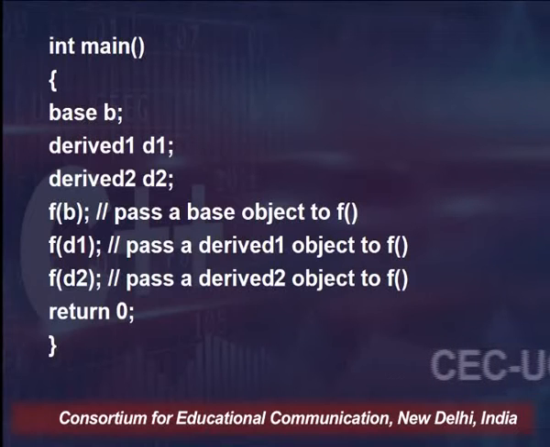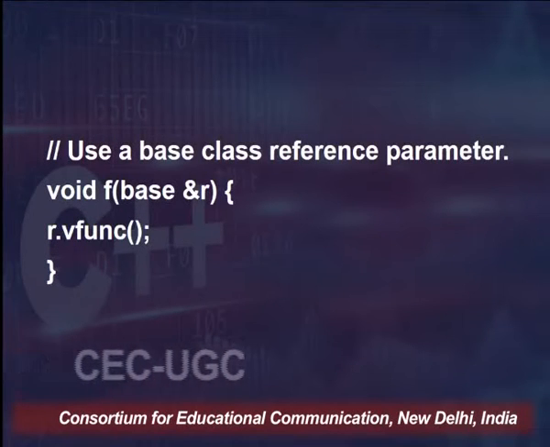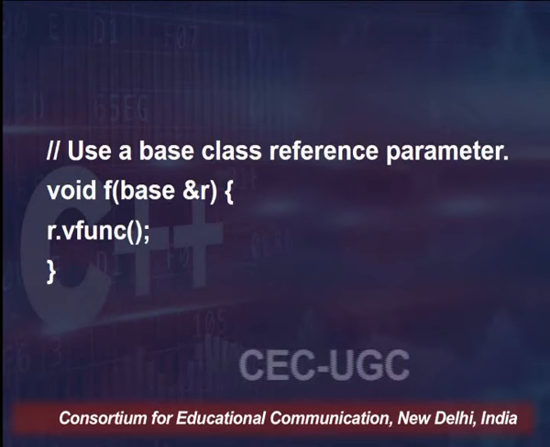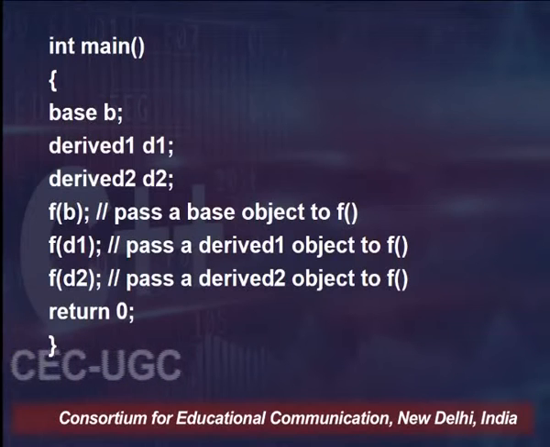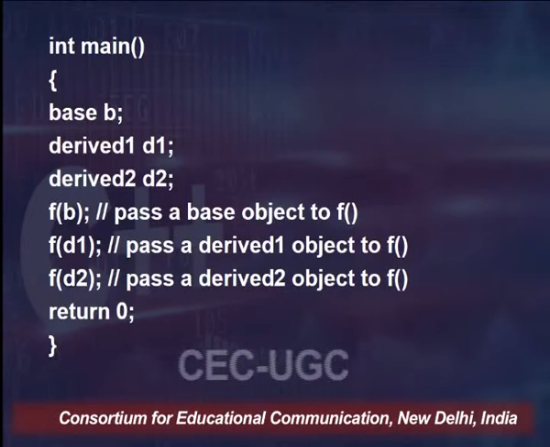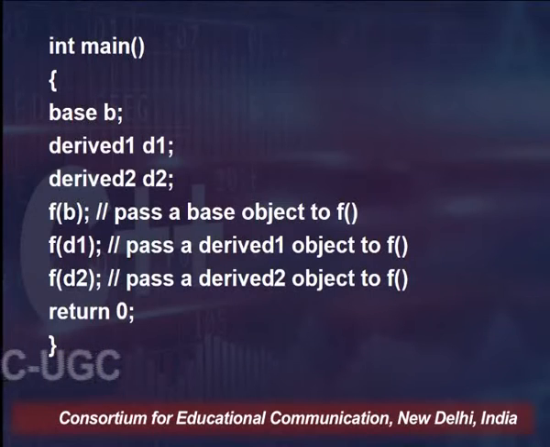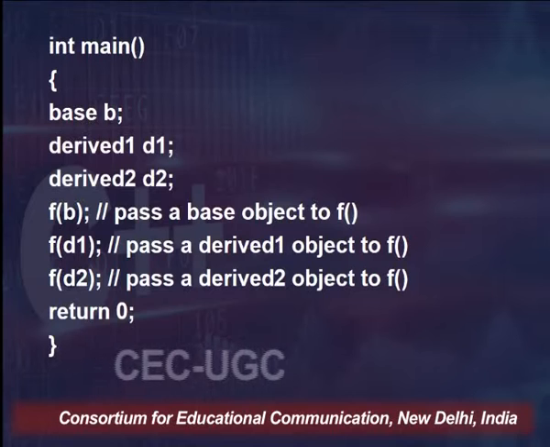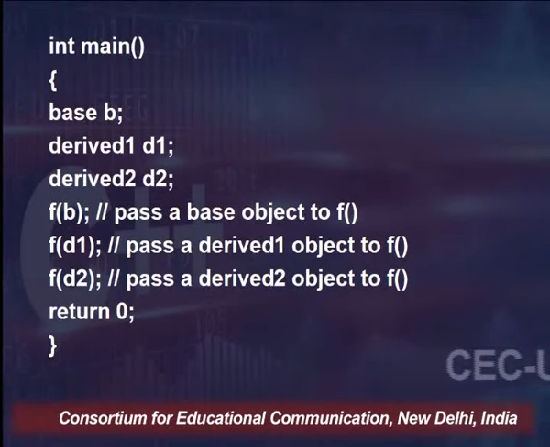That f, please recall, has a base class reference as the parameter. We pass the base object to f in the first statement, f of B, then f of D1, and then f of D2, and finally main comes to an end with return 0. Now what will happen?